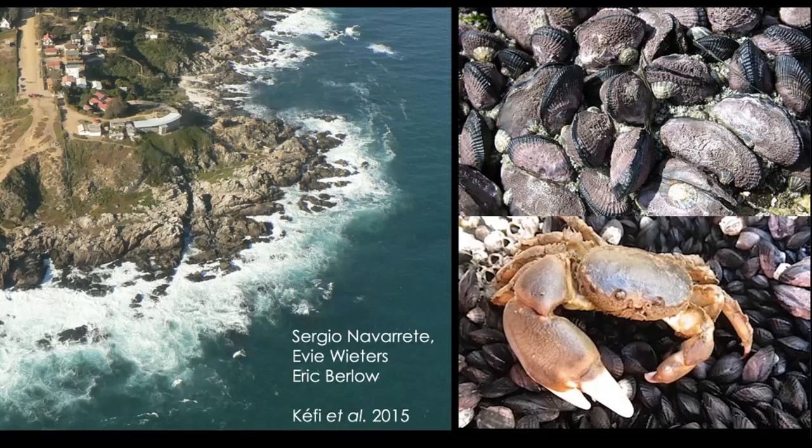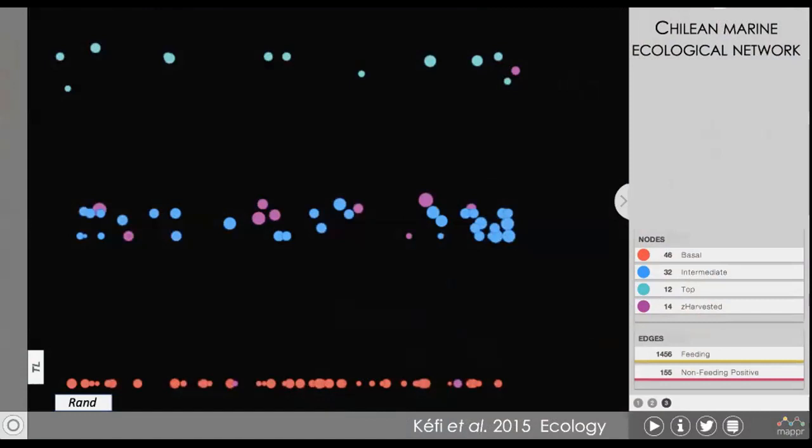The network construction is based on the very rich literature available for these communities, a lot of experimental work, and the great expertise of my colleagues Sergio Navarrete and Ivy Viters, who have been working on these communities for decades. So the network includes 106 species. Here they're sorted vertically by trophic level, with basal species here and predators here, and they're randomly spread along the x-axis.